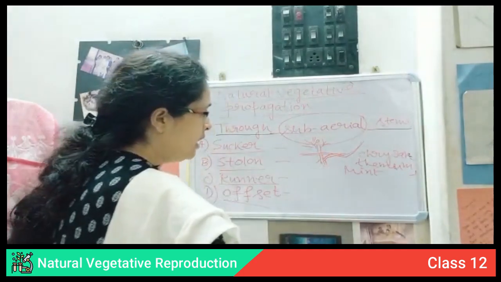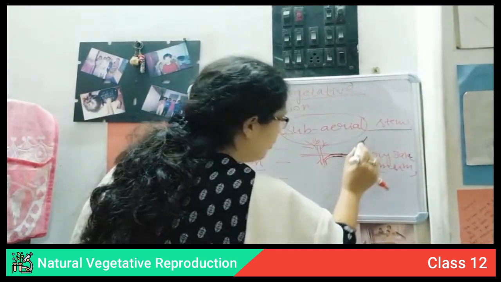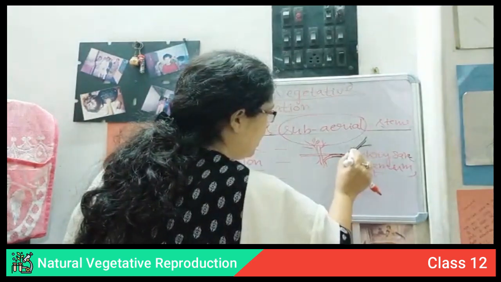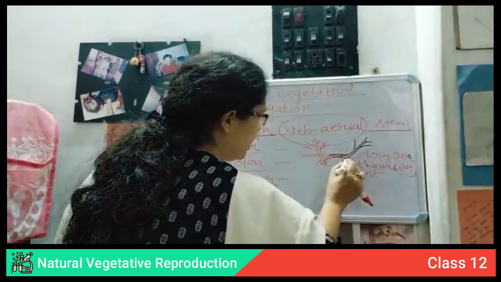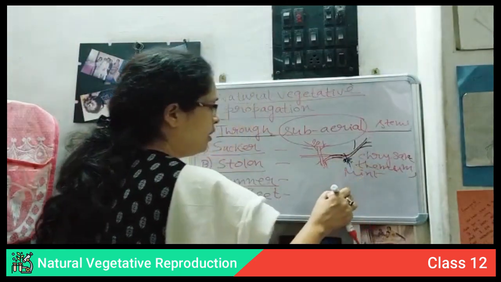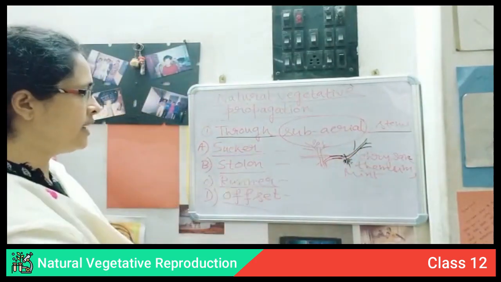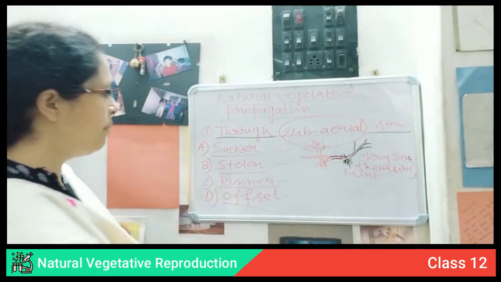You see, that part grows horizontally, and now suddenly that part grows obliquely upwards. Okay, and new adventitious roots arise, and this part is cut off from the parent part and grows into a new plant. This is the example of sucker, chrysanthemum and mint.